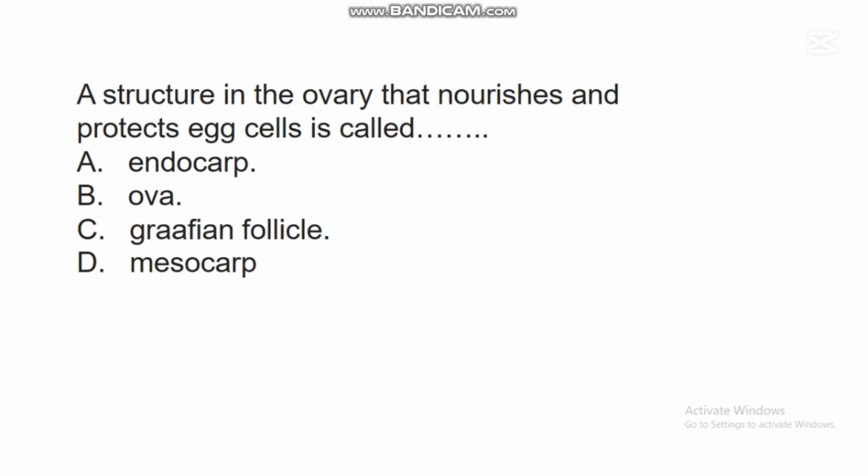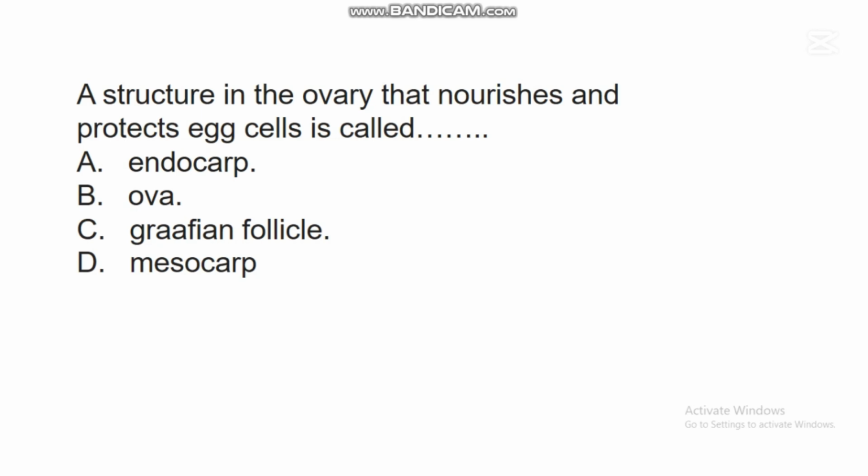The next question says, a structure in the ovary that nourishes and protects egg cells is called dash. A. Endocarp. B. Ova. C. Graafian follicle. D. Mesocarp.